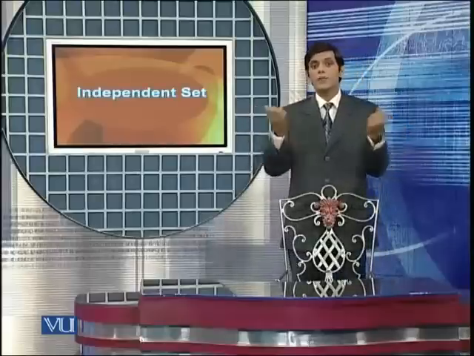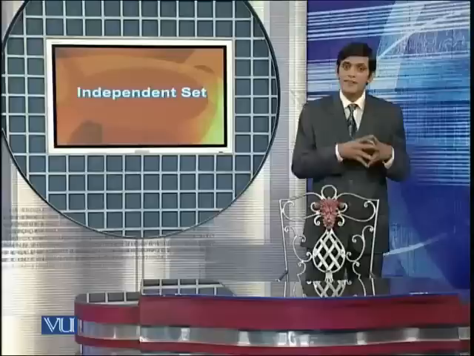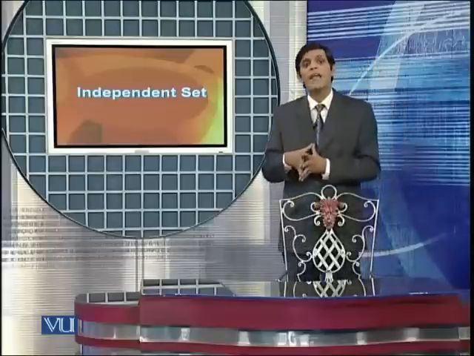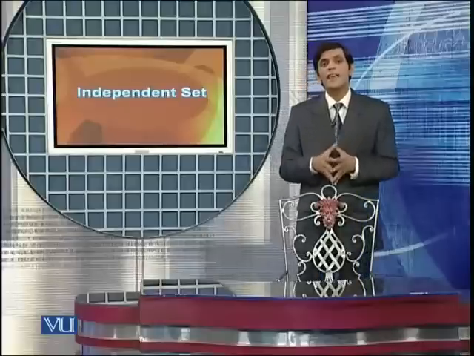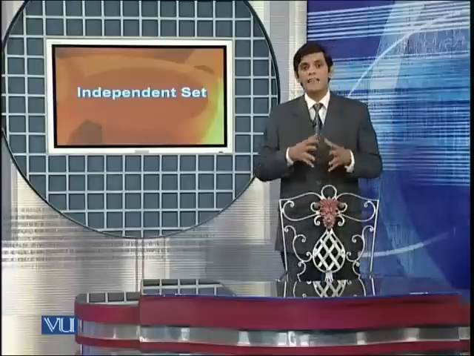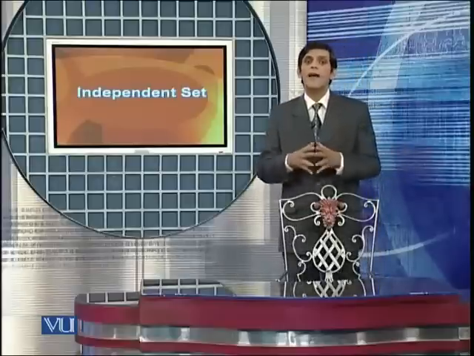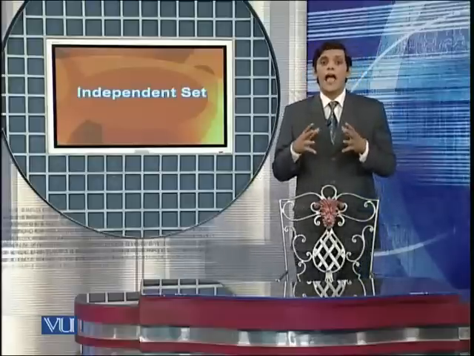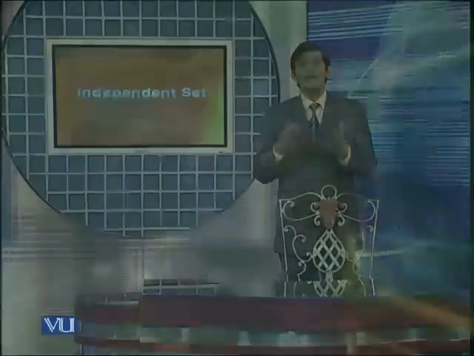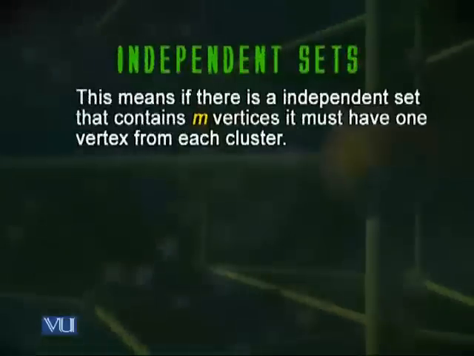But that's not allowed because those vertices are connected by an edge. So if the independent set picks up xi, it is not going to pick up xi bar. I can set xi equals true, and automatically that sets xi bar equals false. And since this independent set hits all the clusters, the assignment will make at least one variable true in all the clauses. So our formula will be true.